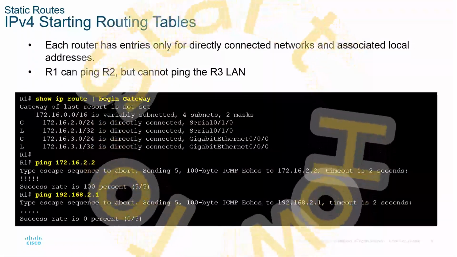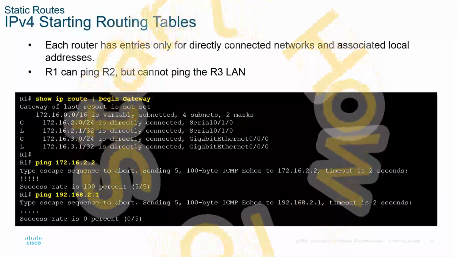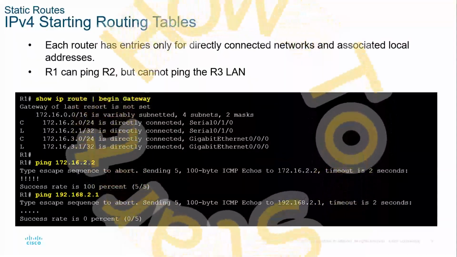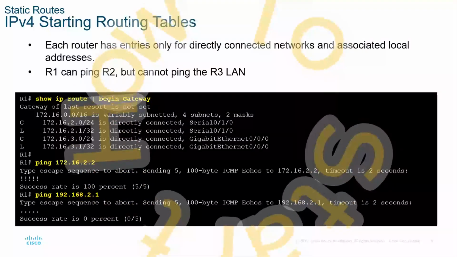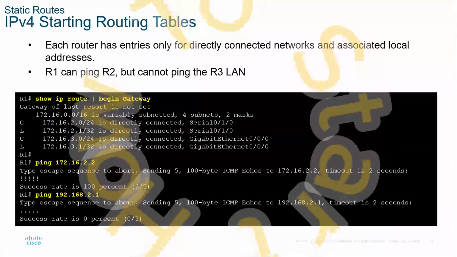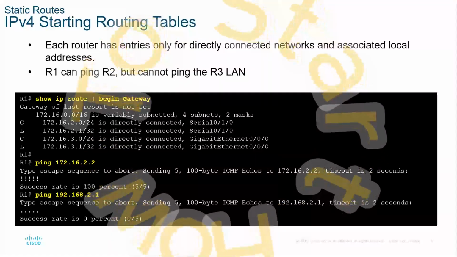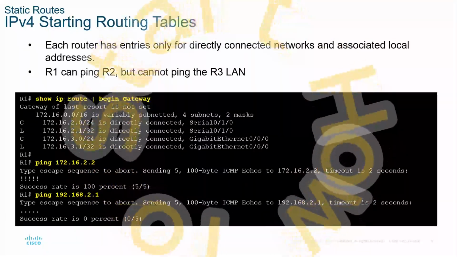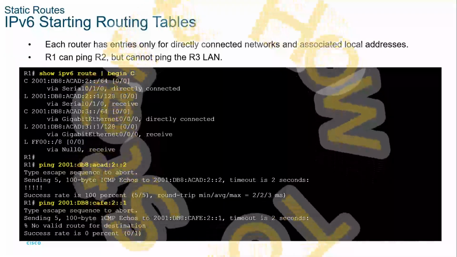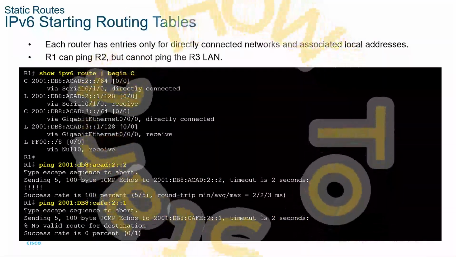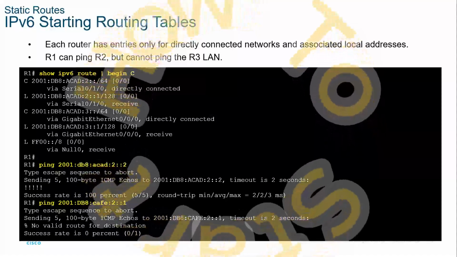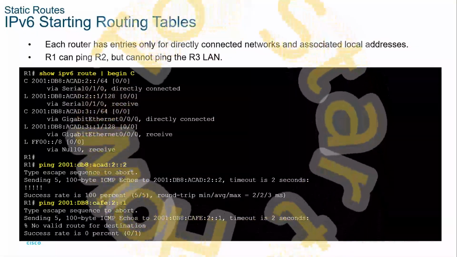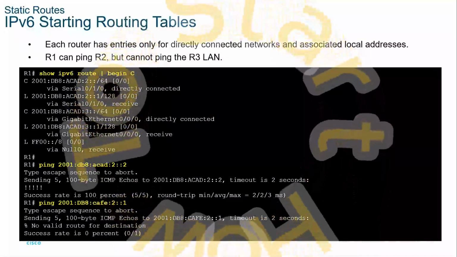So in this example, R1 can ping R2, but R1 cannot ping R3 because R1 doesn't know about it. R2 doesn't know about R3's LAN. It knows about R3, but doesn't know about the LAN interface. For IPv6, same thing. We can see that it knows about directly connected routes, but anything past that, not really.